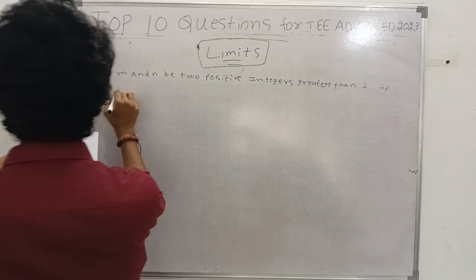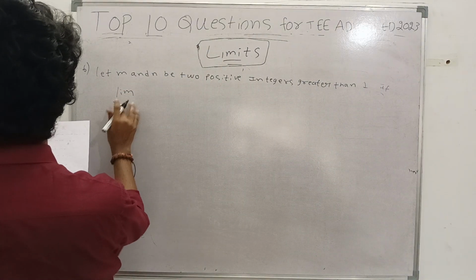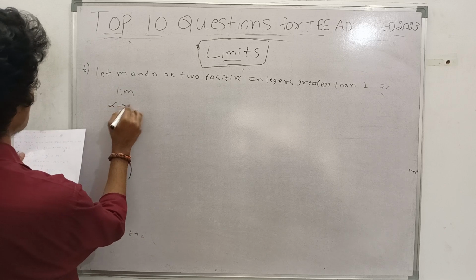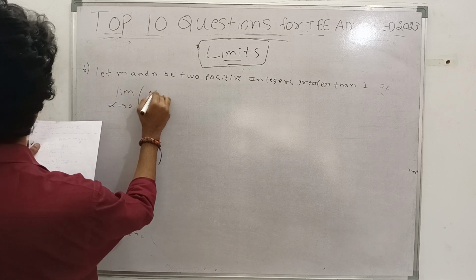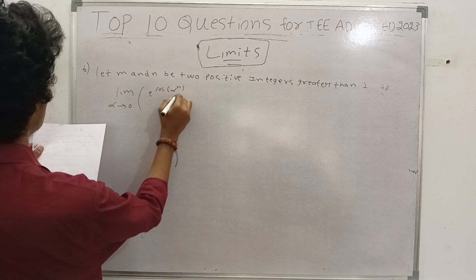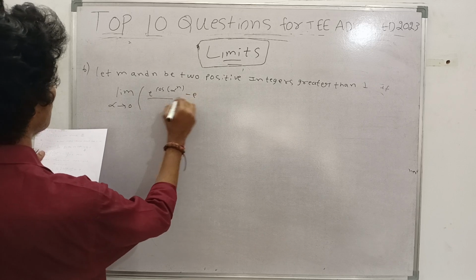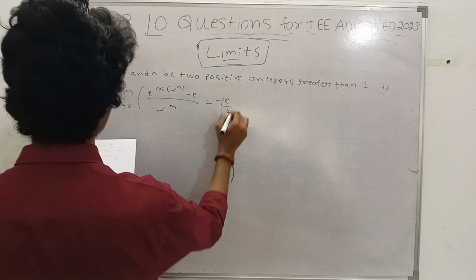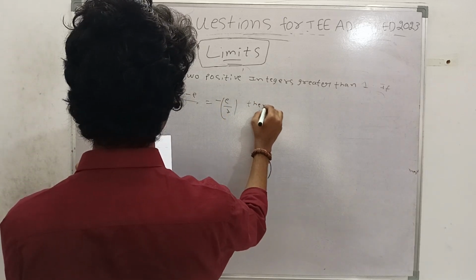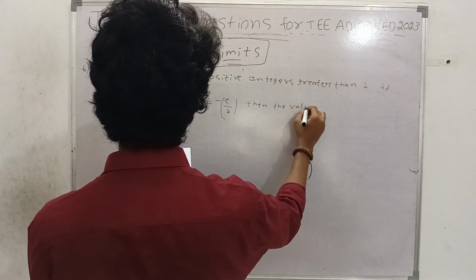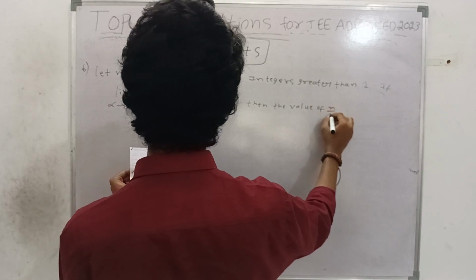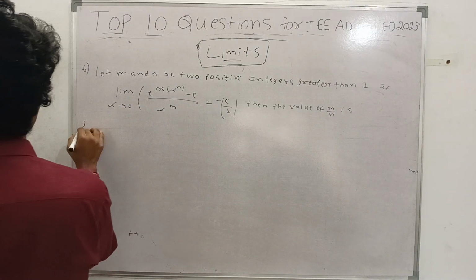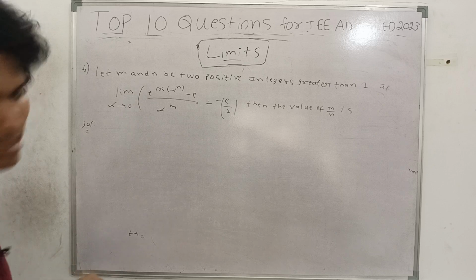If the limit as alpha tends to 0 of e to the power cos of alpha power n, divided by alpha power m, equals minus e by 2, then the value of m by n is... this is also a simple question guys.